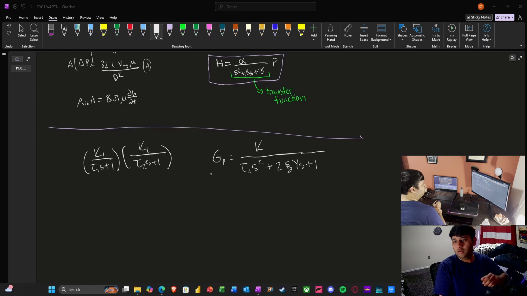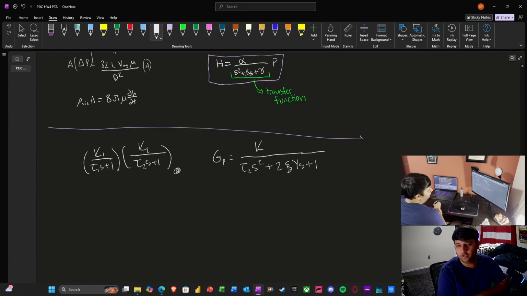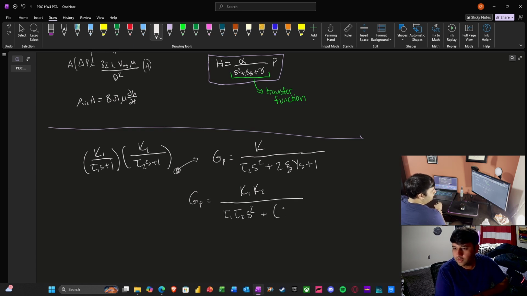Okay, so now what we're going to do is incorporate our transfer function into our GP equation. So GP will then equal k1 times k2 over tau 1 times tau 2 times s squared plus tau 1 plus tau 2 times s plus 1.